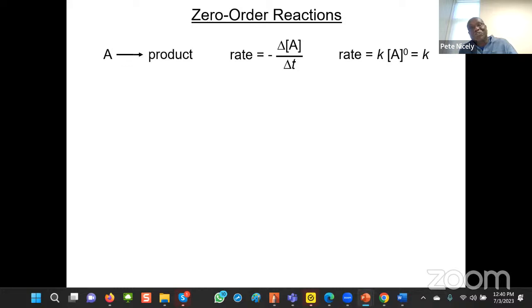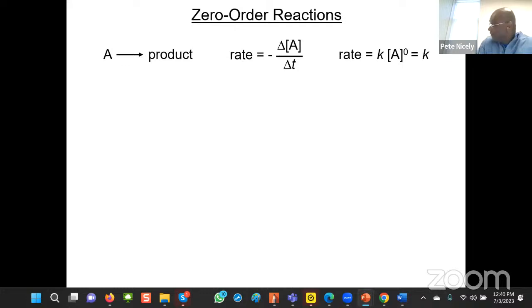Now, as you all should know, any value that is raised to the 0 power is equal to 1. So what that means is that the rate is equal to a constant. And there are actually reactions where the rate is basically constant. It's not affected by the concentration whatsoever. That might sound a bit weird, but that's basically what happens in some reactions.